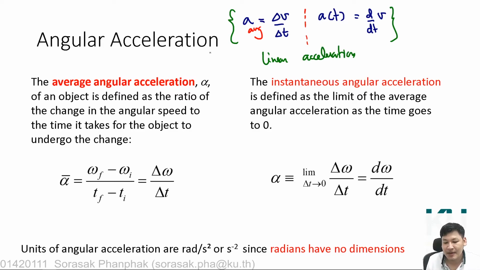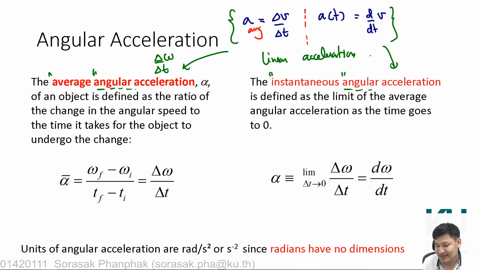If you would like to determine the angular acceleration, in average or instantaneous, you can use the same idea. So in this case, it is delta omega over delta t, and for instantaneous, you have d by dt of the omega. So this is how you find the average angular acceleration, and you can also find the instantaneous angular acceleration.